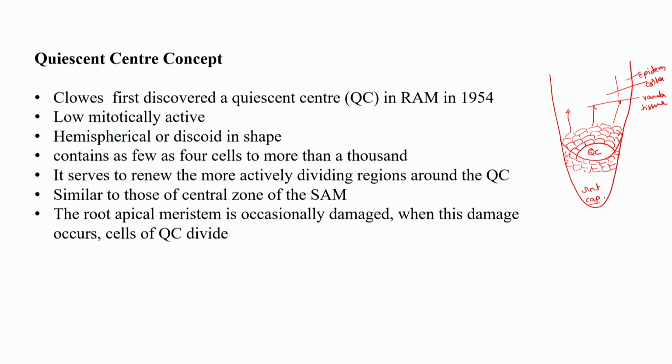According to this concept, this is the meristematic tissue, and in the center of this meristematic tissue you have the quiescent center.